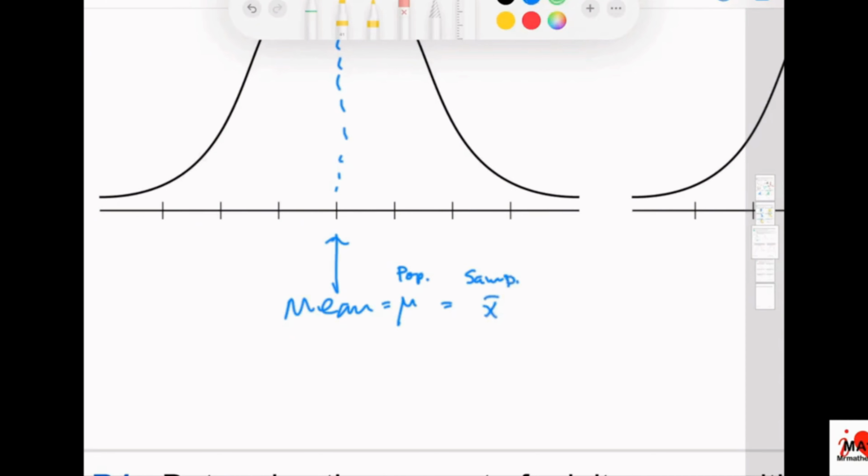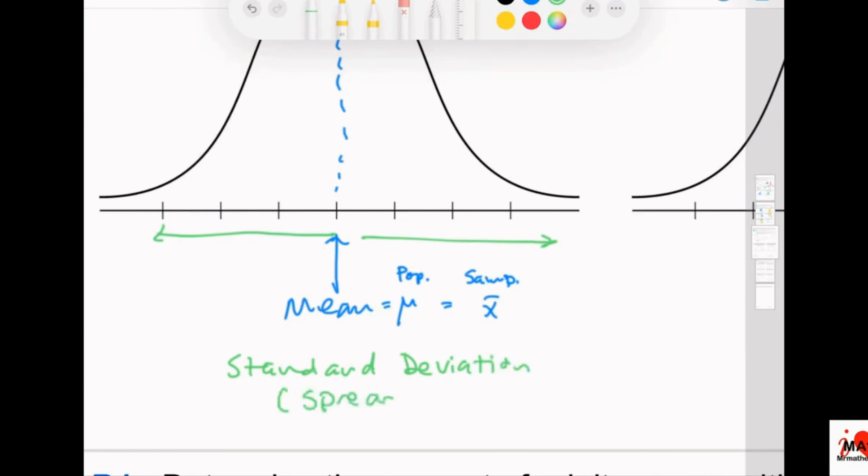Standard deviation is here in green. It is a measure of spread. How far apart is the data from the center? And in blue, mean is a measure of the center.